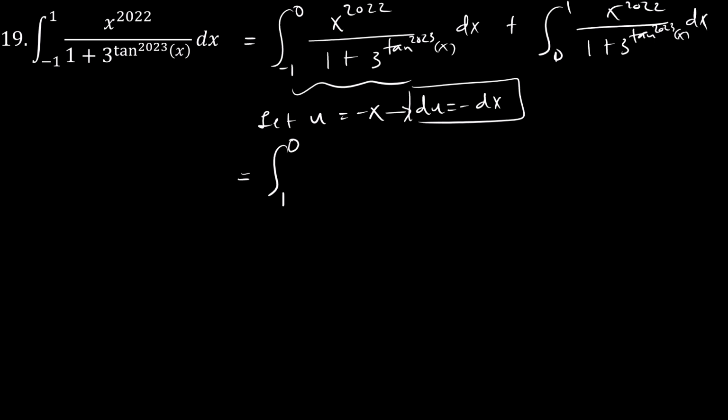Since x is equal to -u, this becomes u, since this is an even power, so that remains. Then we have 1 plus 3 to the power negative tangent to the power 2023, that will propagate out. And then we have negative.